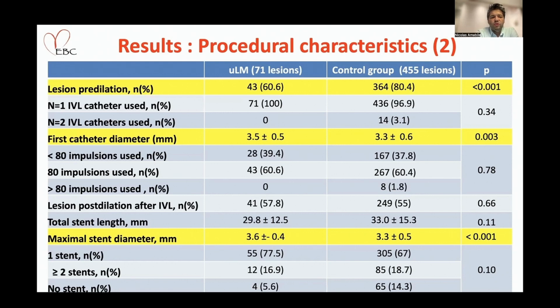But we did not observe any difference in terms of lesion post-dilation, as the percentage of patients with post-dilation was roughly around 56% in both groups. The total stent length was similar, and there was no higher use of true stents for PCI in these patients.